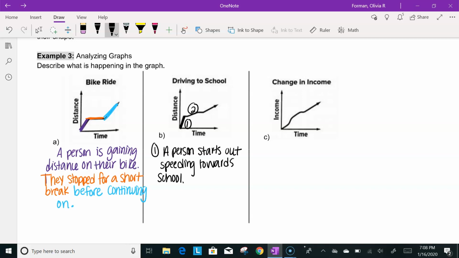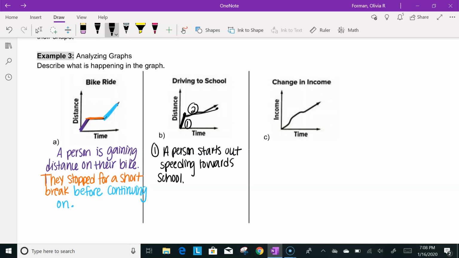Then all of a sudden it sort of levels off. From this point all the way up here, they really haven't traveled all that far. They've only increased their height a little bit. So on the y-axis, they've only gone up a little bit, but it took a lot longer.